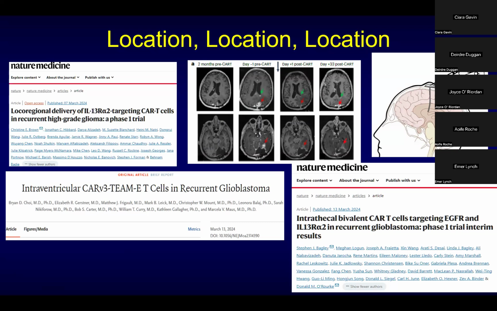These papers, besides location, all had one thing in common, which is a combination approach. In our case, targeting 2 separate antigens; at Mass General, targeting 2 antigens, one by a CAR and one by a bispecific antibody.